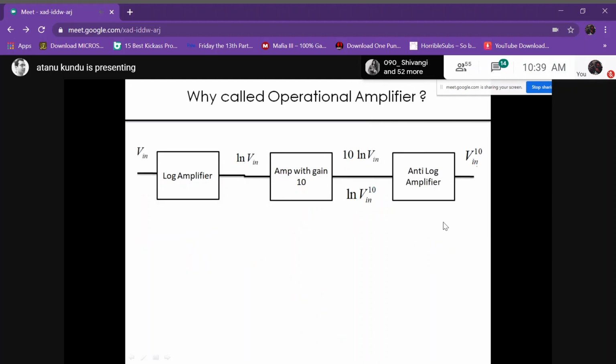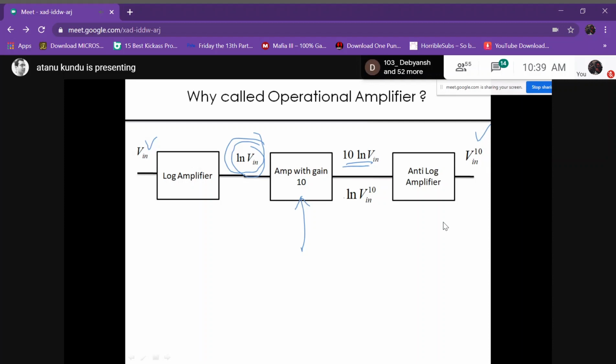Similarly, say I want to design V to the power 10. Then I'll take the input here, take the normal log operation, then I'll design an amplifier with gain 10. If this is ln V1, a gain of 10 means the output will be 10 times ln V1.